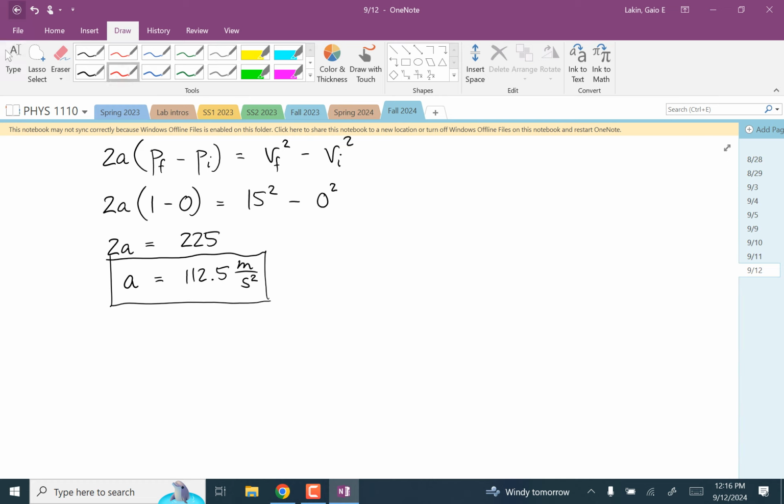But when people talk about accelerations, you hear about it in terms of G's, numbers of G's of acceleration. 1 G is 9.81.